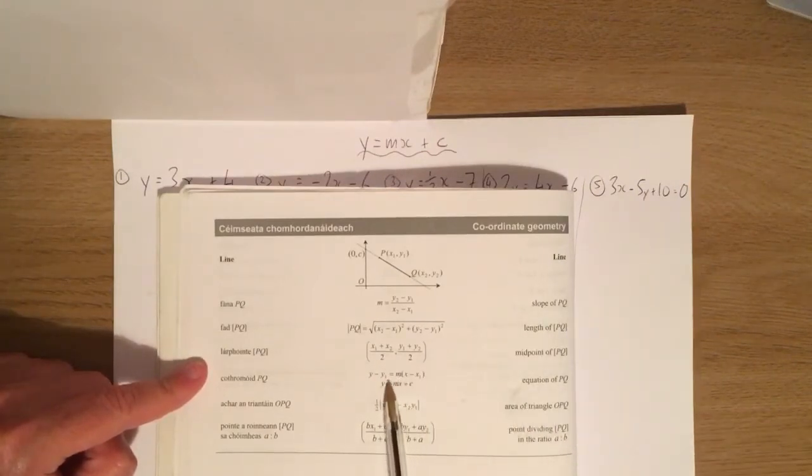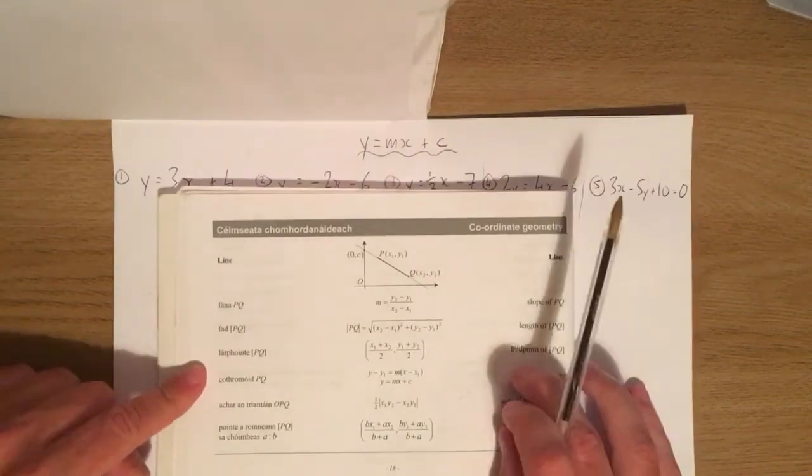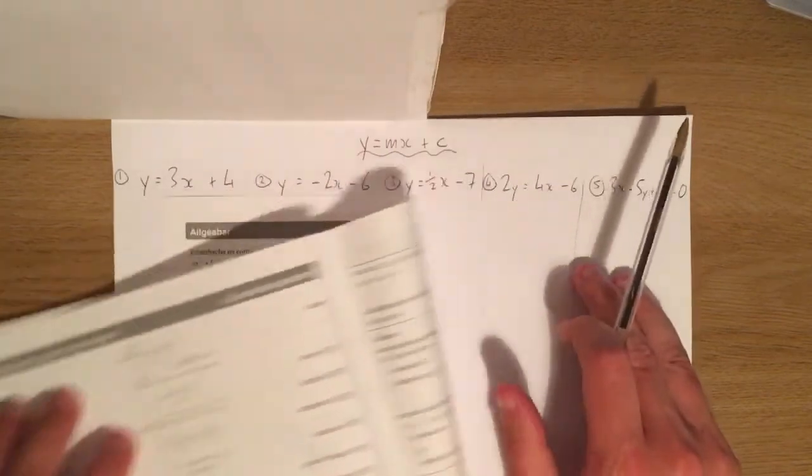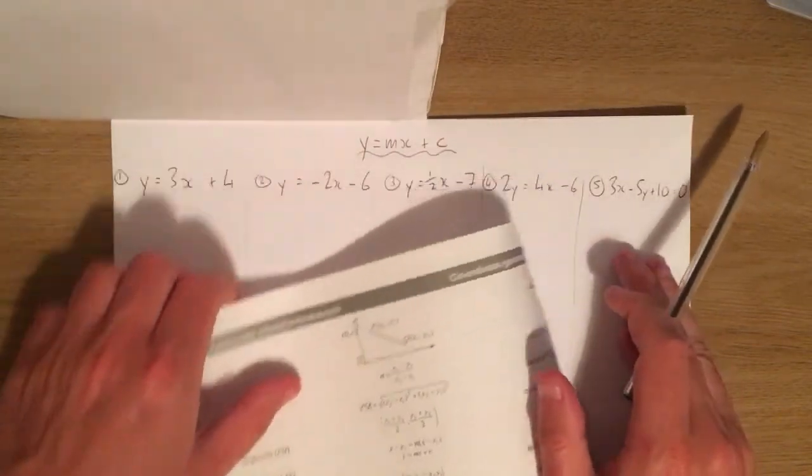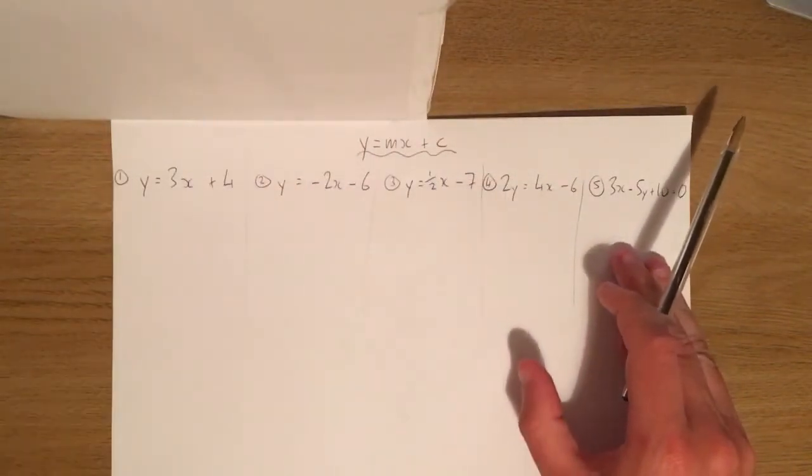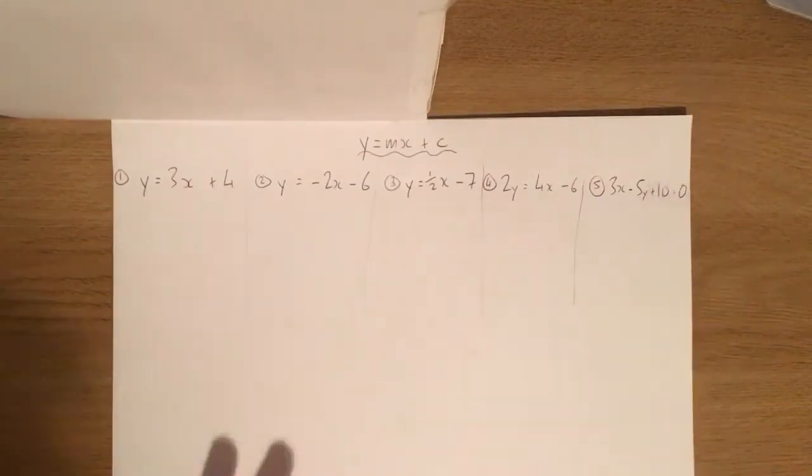Okay, this other formula then, y is equal to mx plus c. So what I mentioned briefly in the last video, you use that when you are given the equation of a line. All right, so if you are given the equation of a line, you can use that formula to find out information about the line.